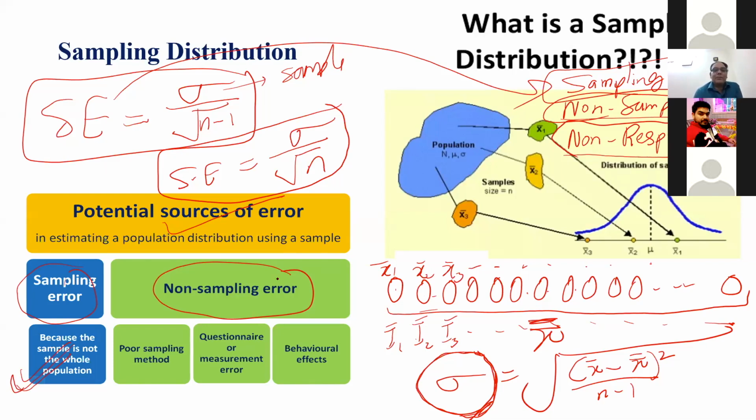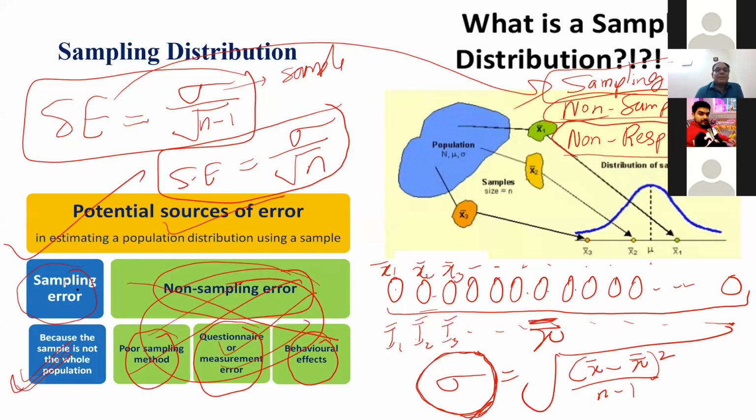And there is non-sampling error because your questionnaire is wrong, your sampling method is wrong, your behavioral effect, you are already biased, or your respondents are biased. So then you will get non-sampling error. So as a researcher, you should take care of these errors, and this is by default. So sampling error is by default. You cannot manage the sampling error, but as a researcher, you should take care of non-sampling error.